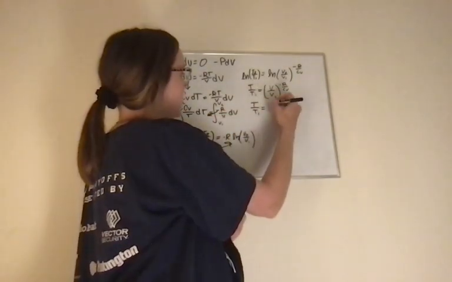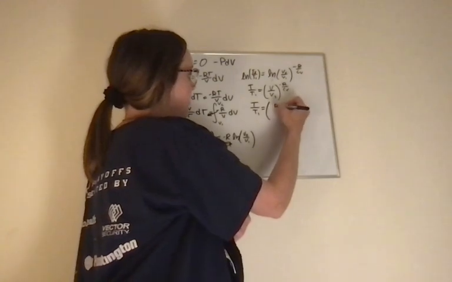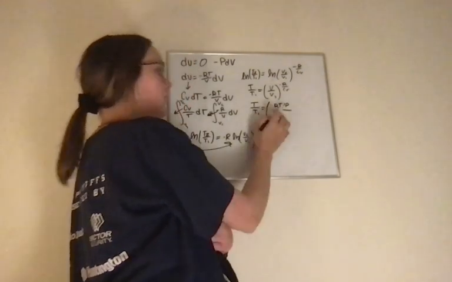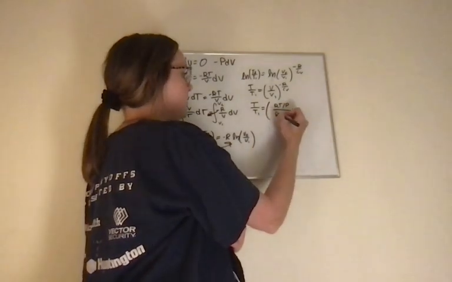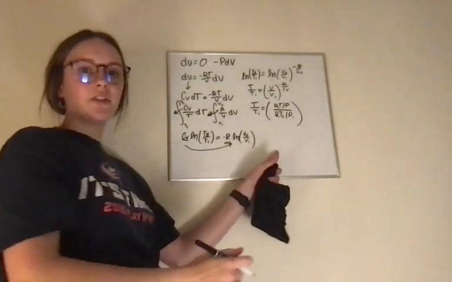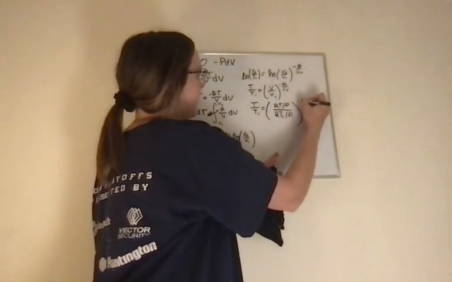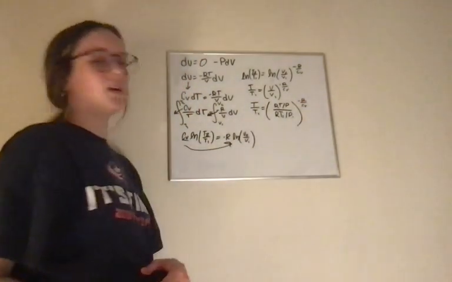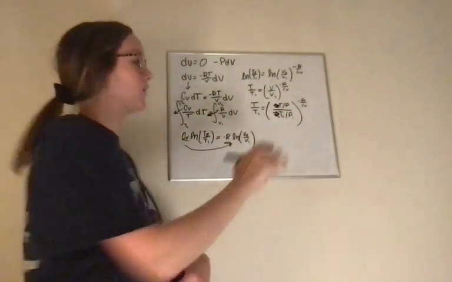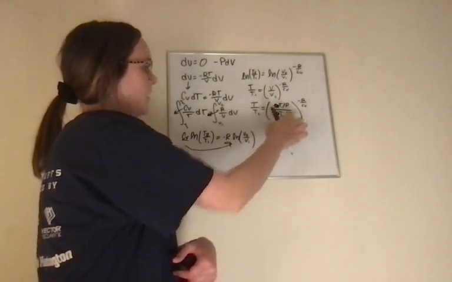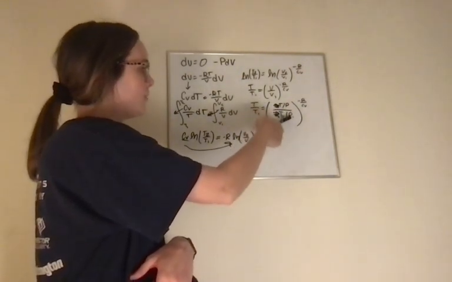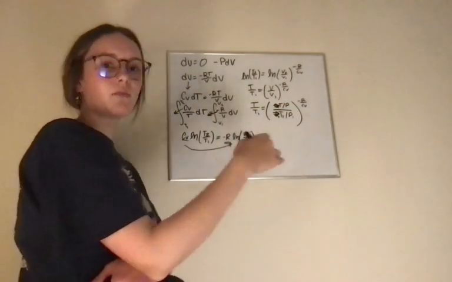We're going to get T over T1 is equal to RT over P, all of that over RT1 over P1, and all of this is still to the power of negative R over CV. So as you can see from this, both of these R's cancel out. But these T's and P's don't cancel out because this is T1 and T, P1 and P.